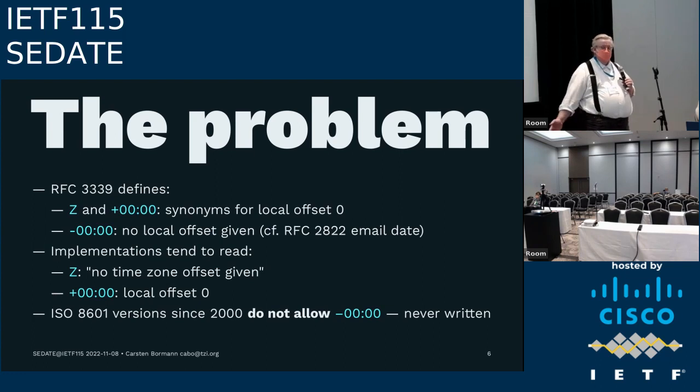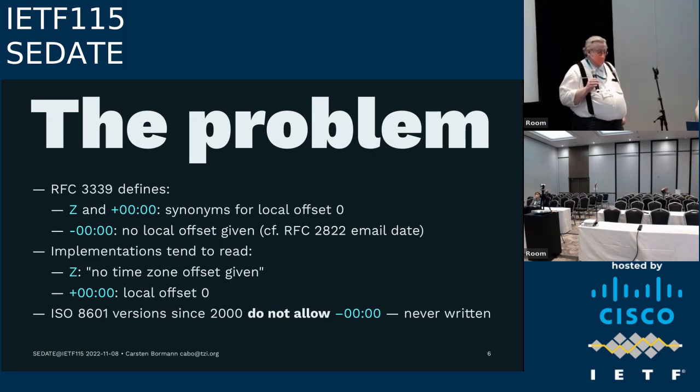But the reality is that all implementations that don't deal in time zone offsets, so would really have to use this -00:00, all those implementations use Z as the suffix, because that's short. And other implementations that actually do have the information have tended to give Z as the indication that no local offset has been given, and +00:00 as the local offset 0.